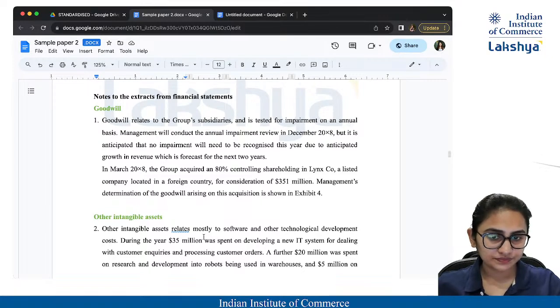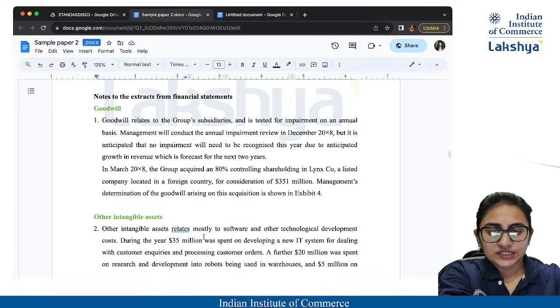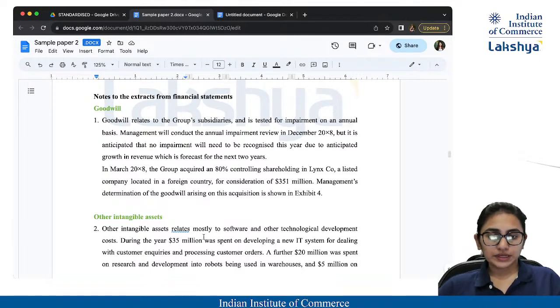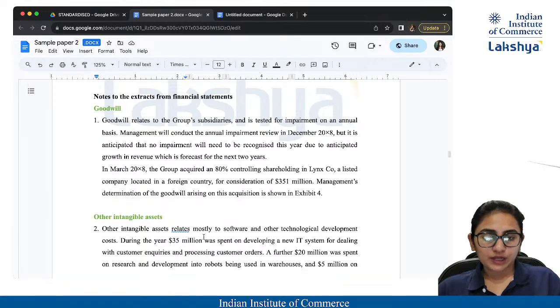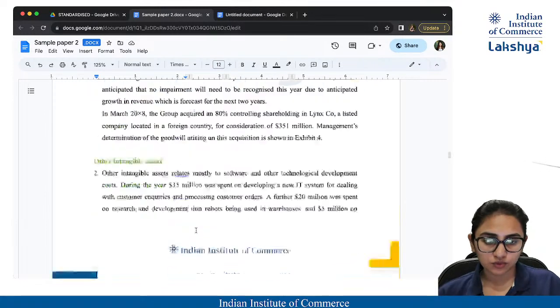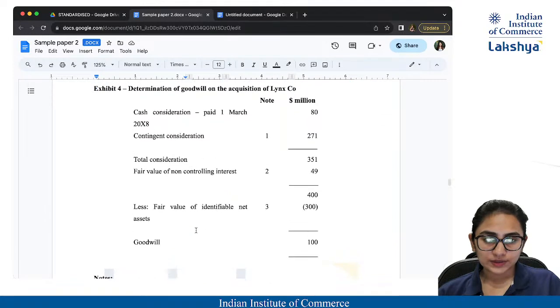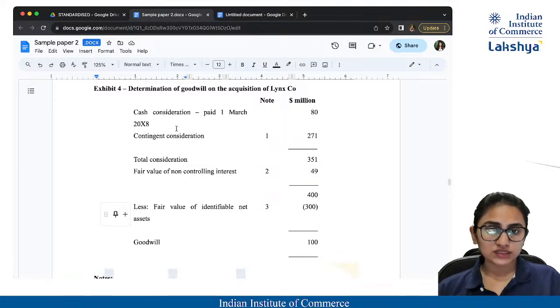Then, in March 2008, the group acquired an 80% controlling shareholding of Links company, a listed company located in a foreign country, for consideration of $351 million. Management's determination of goodwill arising on the acquisition is shown in Exhibit 4. So this is the goodwill calculation: cash consideration, contingent, total, fair value of NCI, less fair value of net identifiable assets, and the goodwill is 100.